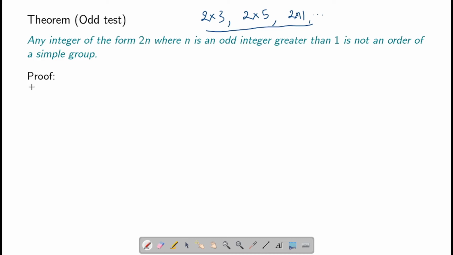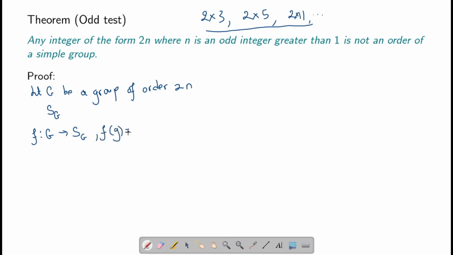So we'll start with a group. Let G be a group of order 2n. Okay, we'll take Sg to be the group of permutations of the elements in G. Then we can define a 1-1 homomorphism from G to Sg given by f of g equals phi g, just how we did in the exercise.